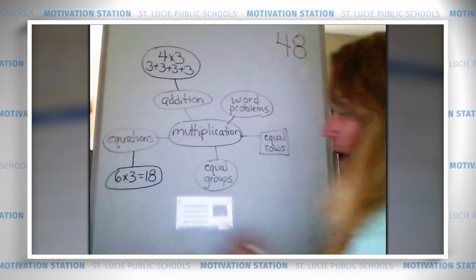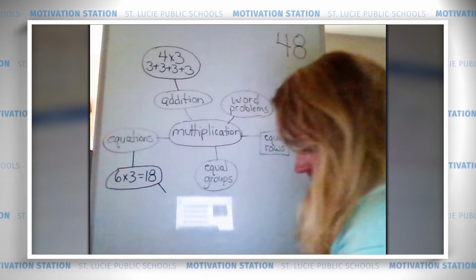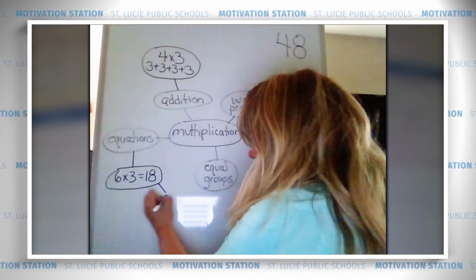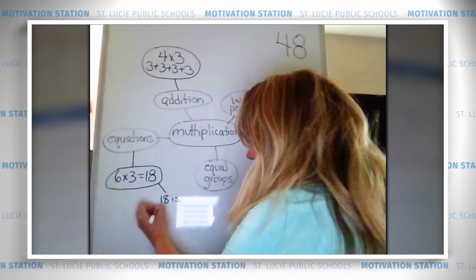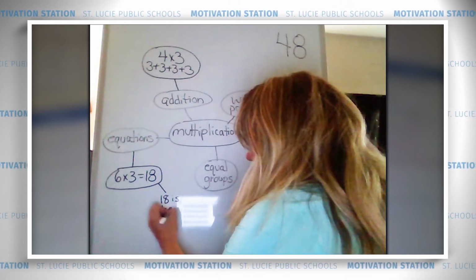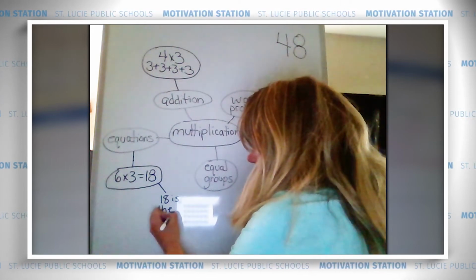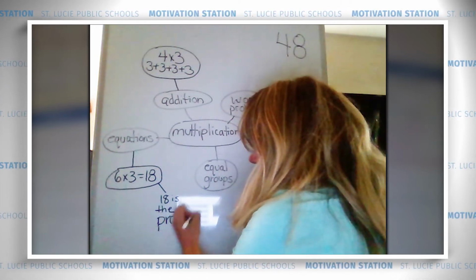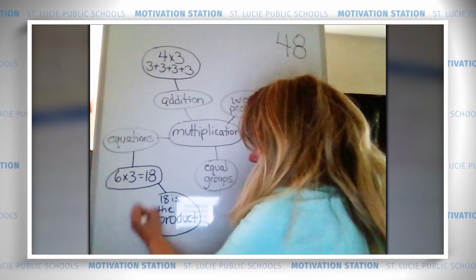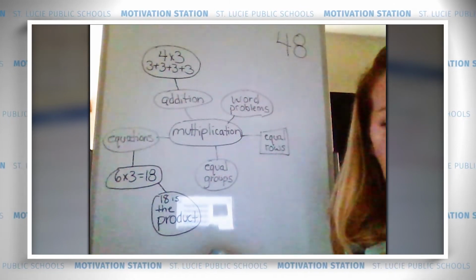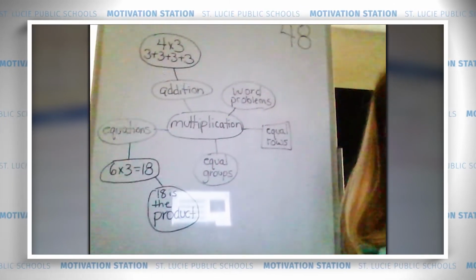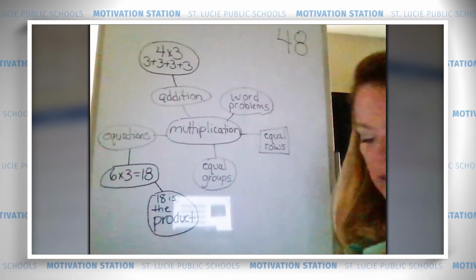And then off of that, I can say 18 is the, you guys remember the term for our answer? 18 is the product. That was our vocabulary word for the answer to a multiplication problem.